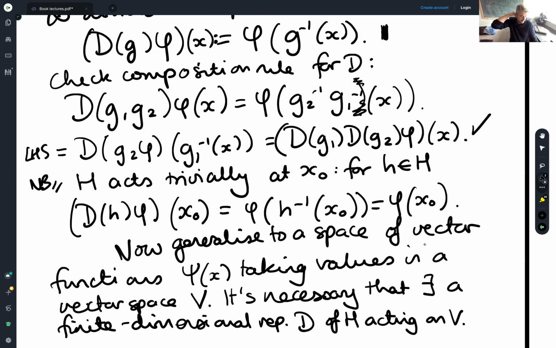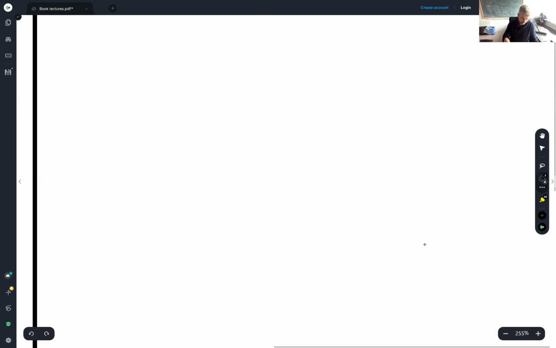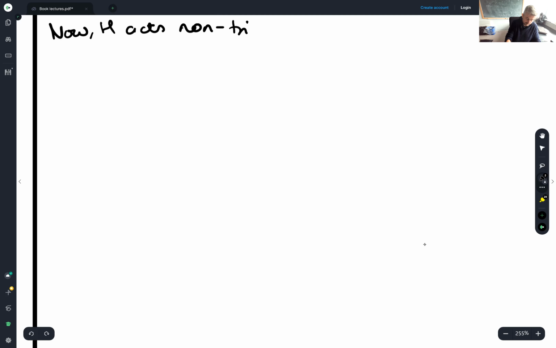So now we've generalized to this space of vector functions. H acts non-trivially at the point x0, unlike the case of the scalar function.